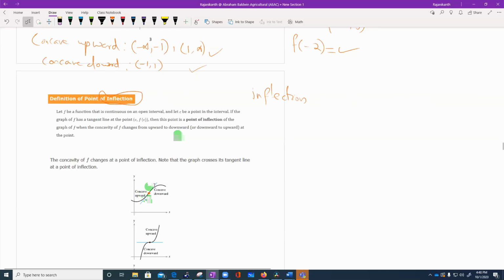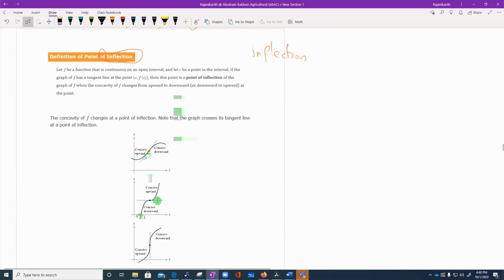So upward is changing to downward, vice versa. Downward changing to upward. So those kinds of points are now going to be inflection. An inflection point will be like when you write the letter S. So the halfway point, the middle point, is kind of changing the trend, which is the inflection point. Okay, so geometrically, the explanation of an inflection point is like this.